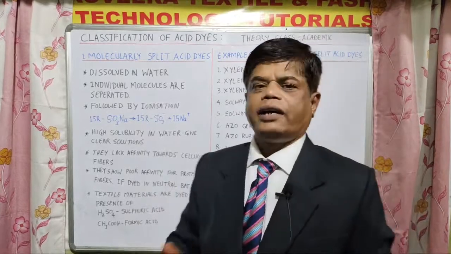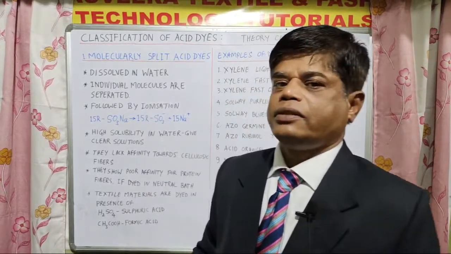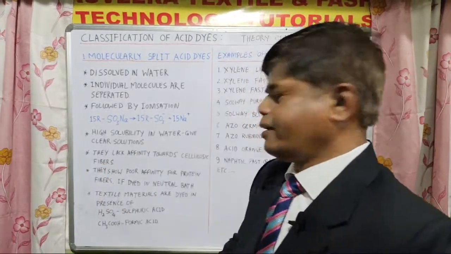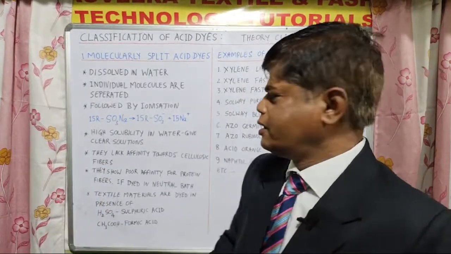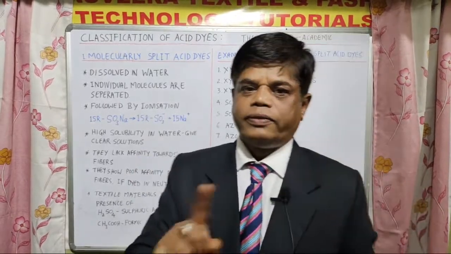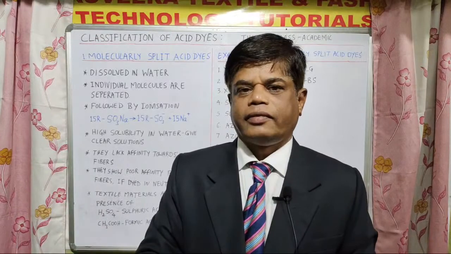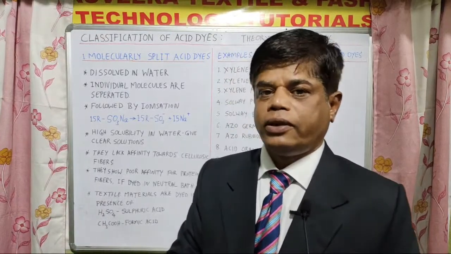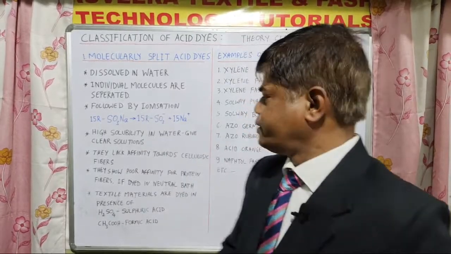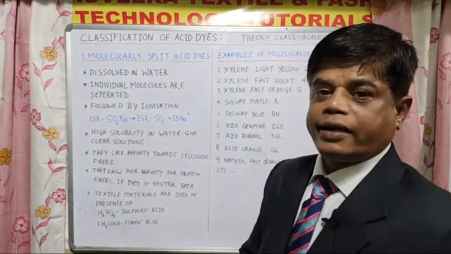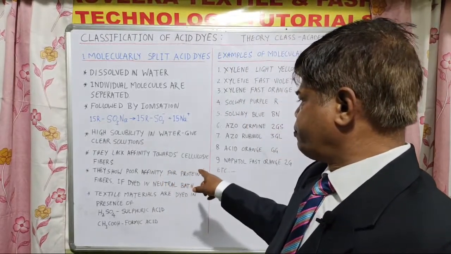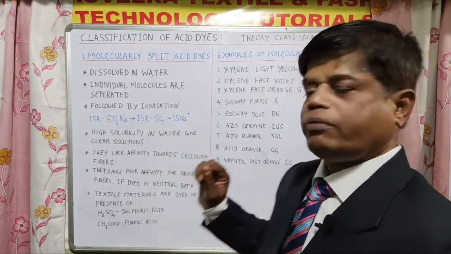Sometimes I heard acid dye is also used for natural fibers, but chances are very less. Cellulose substance will not be attracted by acid dyes, but protein fibers attract them. They show poor affinity for protein fibers if dyed in neutral bath.